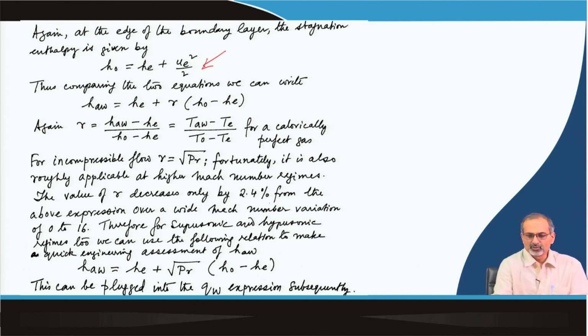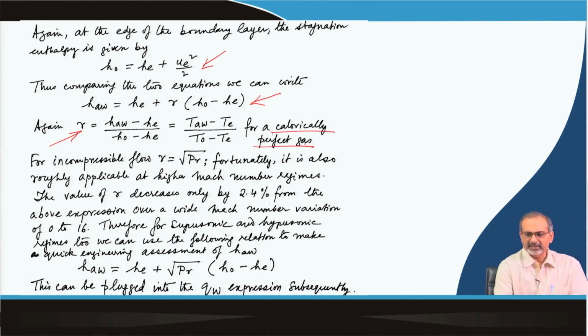And if you compare the two equations, you see this is how they get together, and then if you rearrange that equation, you get a definition for the recovery factor in terms of the enthalpies at the free stream, in terms of the stagnation sense as well as static sense, and the adiabatic wall enthalpy level.